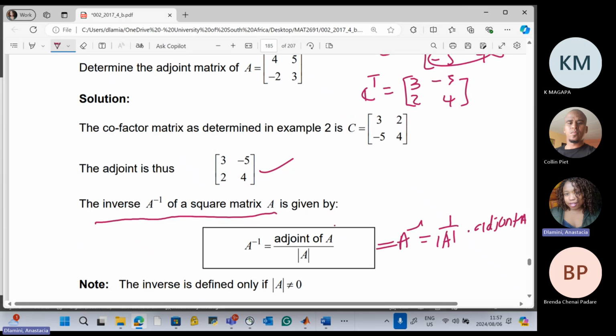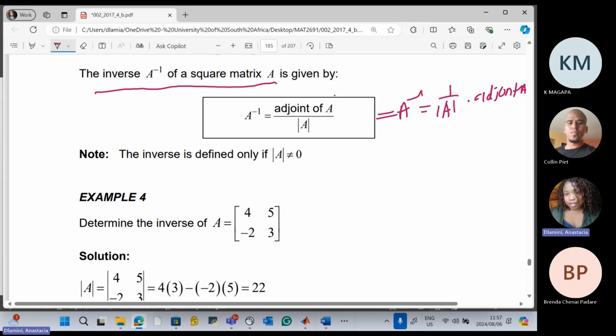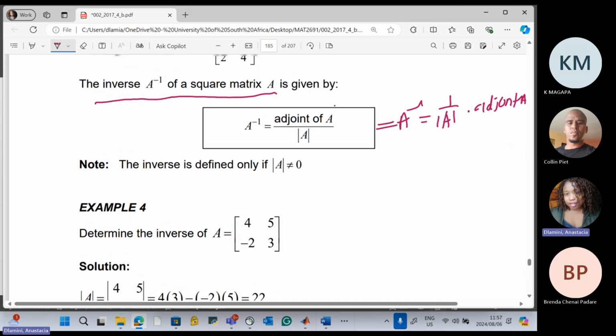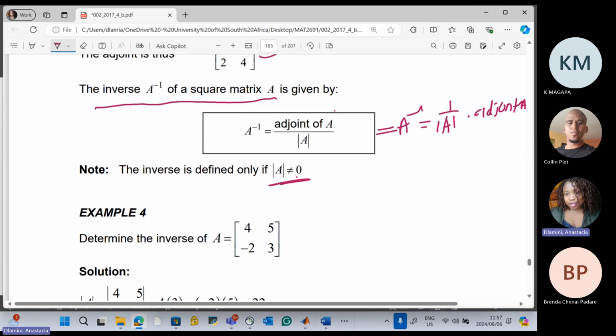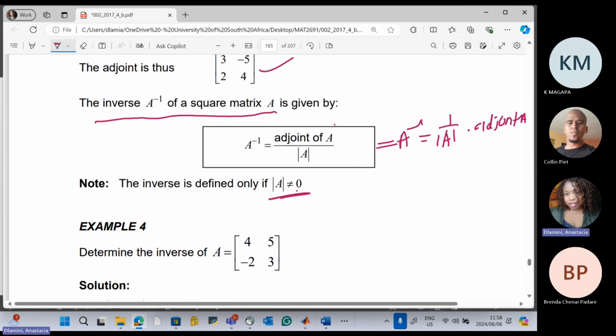Note, the inverse is defined only if the determinant is not equal to 0. Now look at this. They want us to find the inverse of A. We know that the determinant of A is equals to 4 times 3 minus 5 times -2. This is equals to 12.